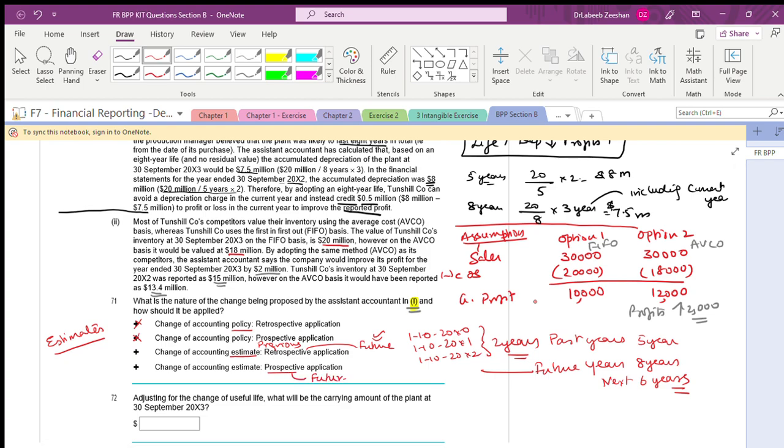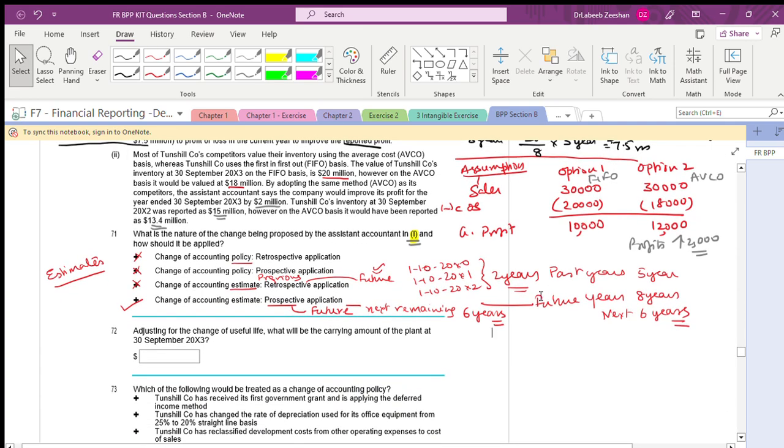Prospective means future. When we say prospective, it is for the next remaining 6 years.